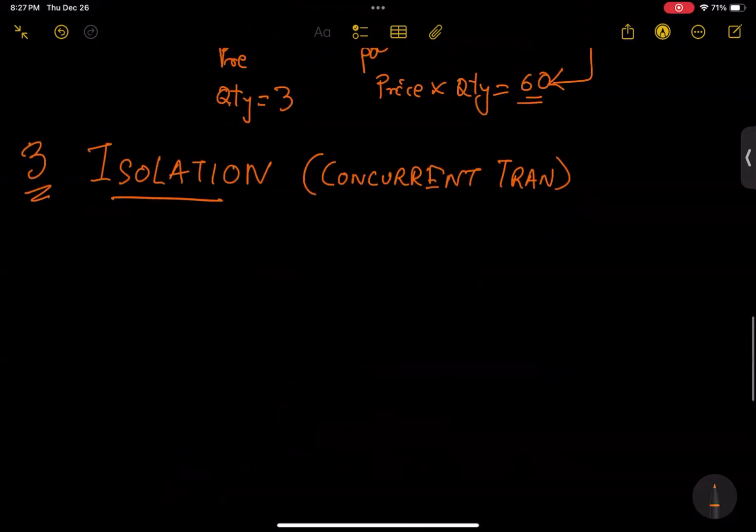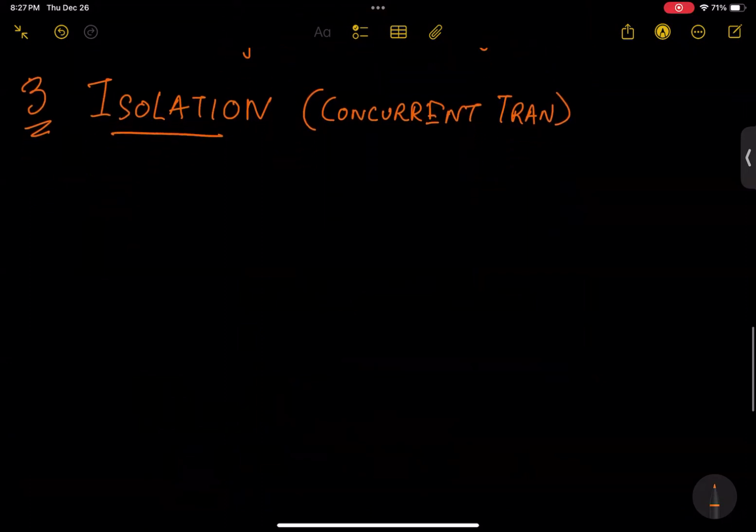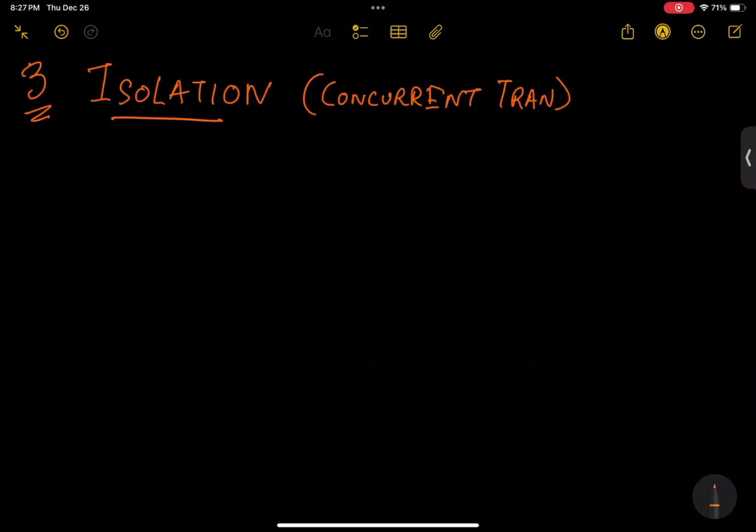See, isolation, Partho, I'm just trying to get a real life example of isolation. Isolation by definition means multiple transactions executing simultaneously should not interfere with each other, right? Multiple transactions means concurrent transactions.